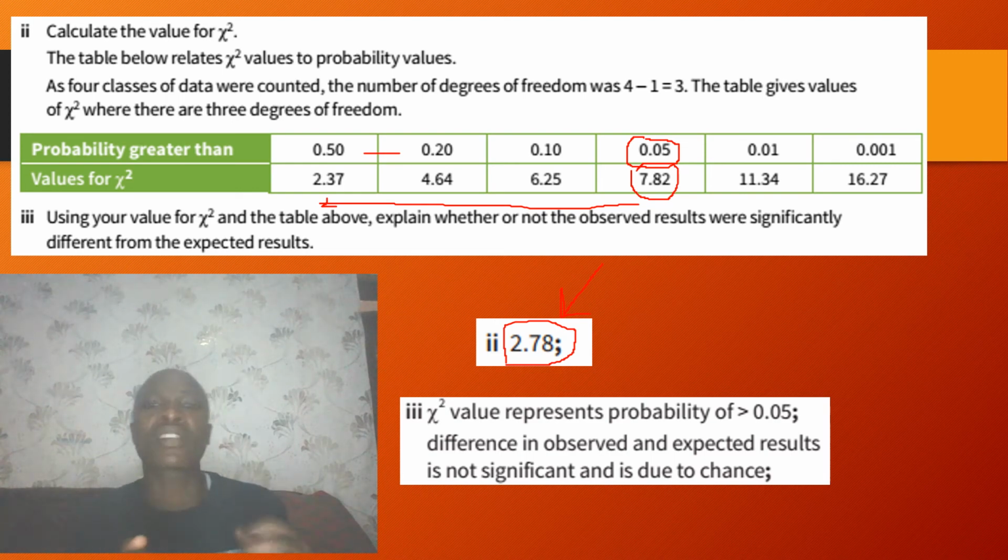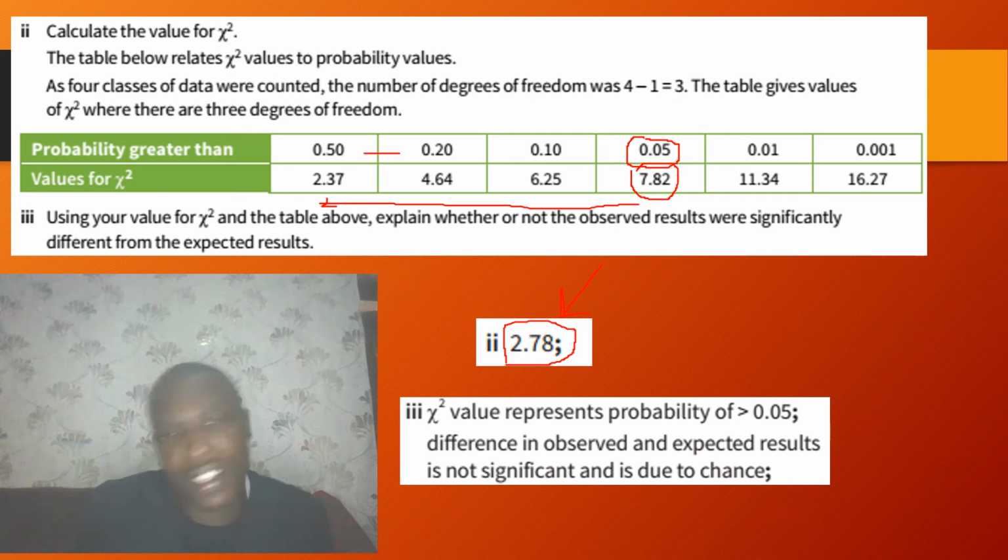It is in between 0.05 and 0.2. The probability is far greater. Maybe it is close to 0.5, that is roughly 5 out of every 10. This is a very big value if things are just occurring by chance. So the value we have got is far less than the chi-squared value that corresponds to the probability of 0.05.